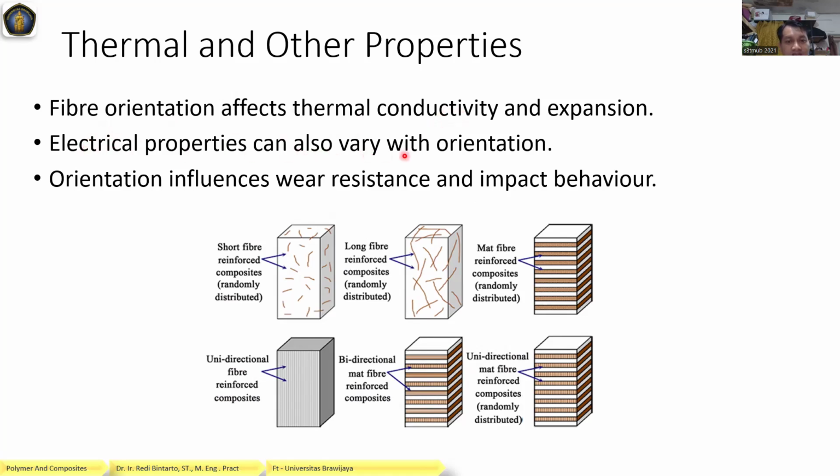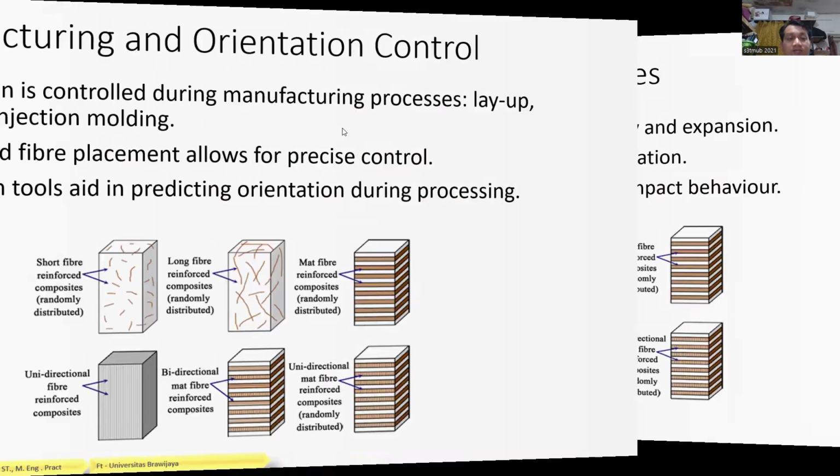Electrical properties can also vary with the orientation. It's the same because electrical properties and thermal conductivity have the same characteristic. Orientation influences wear resistance and impact wear behavior, of course. So wear resistance has almost the same characteristic as the strength of the material.